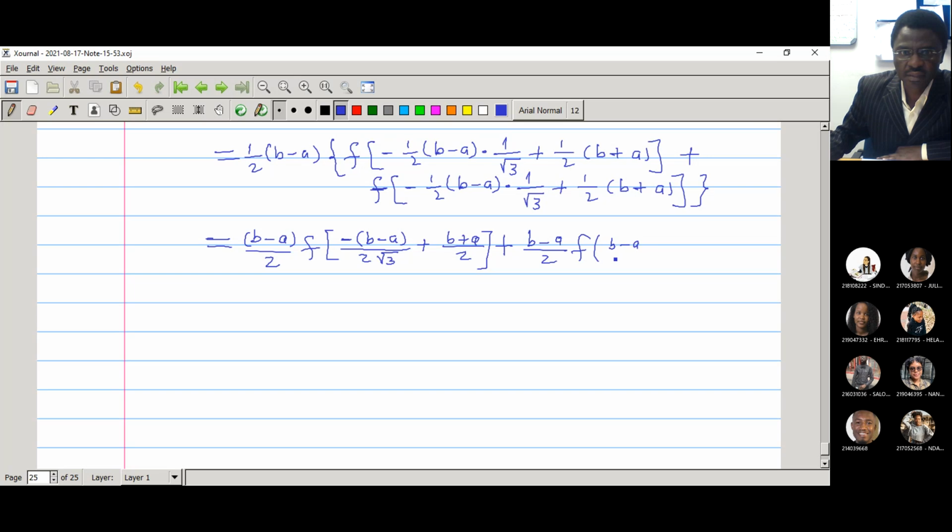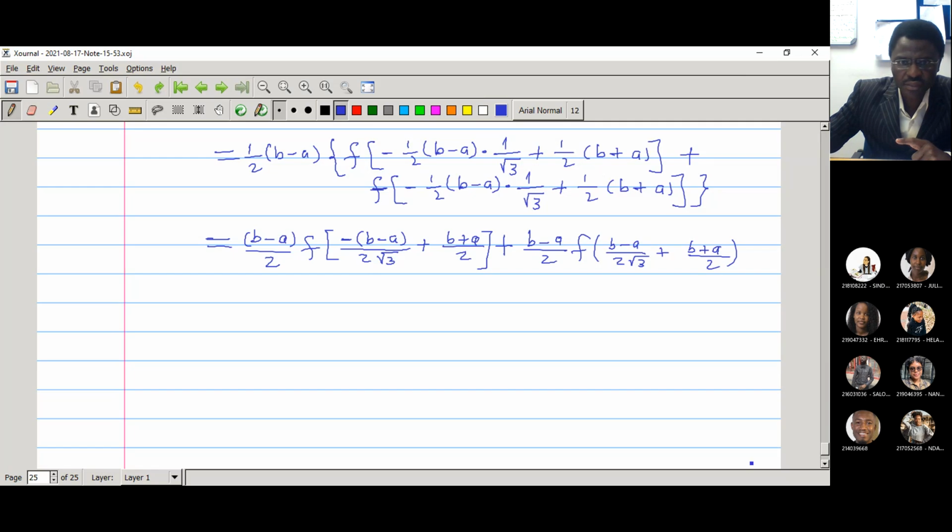B minus a, 2 square root of 3, plus. Okay, there's no need to factor because it's already there. So now, that's what we have. Now, if you compare this with what we have in the note, you will see that they are similar.